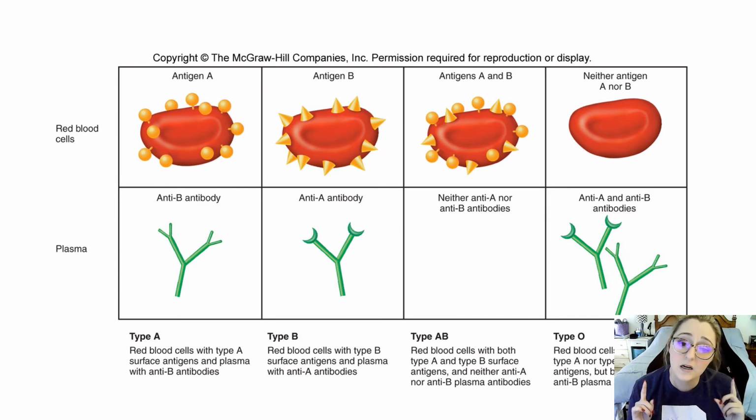So think of it this way. I am type A blood. If my boyfriend is type B, which I don't know his blood type, but let's just say it's B. If he's type B and he wants to give me a blood transfusion, his blood is not going to be able to mix with mine because I am A, and I have those specific little rounded studs on my red blood cells.